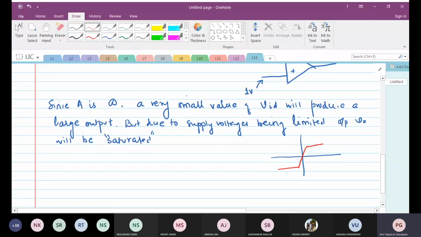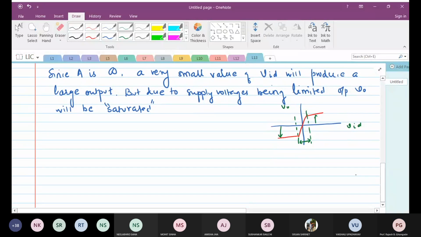This is your VID, this is VO, and this is a very limited range of VID where the operational amplifier really behaves as an amplifier. After that, you can see that it goes into either positive saturation or negative saturation. Okay. Is this concept clear to all of you?